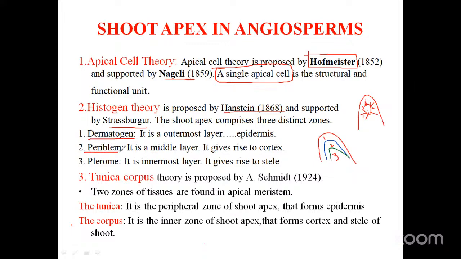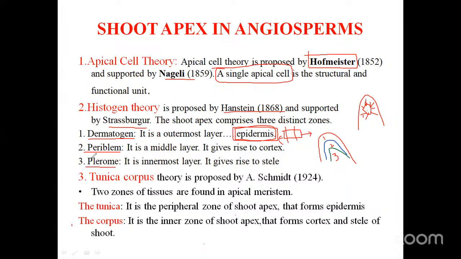Second, periblem, this one. And third one, plerome. Dermatogen is the outermost layer and it forms the epidermis by the anticlinal division. Sorry, by the periclinal division. Due to periclinal division, the cell surface layer is increased by formation of epidermis.